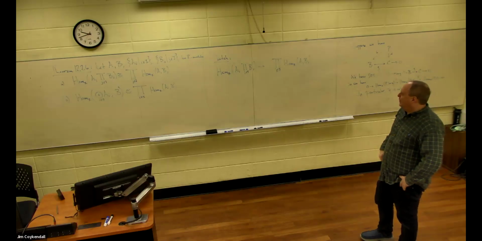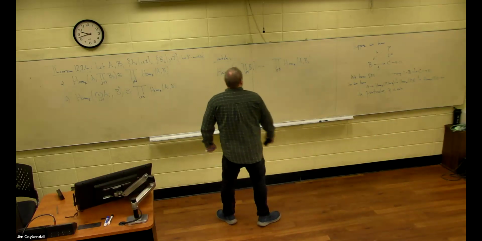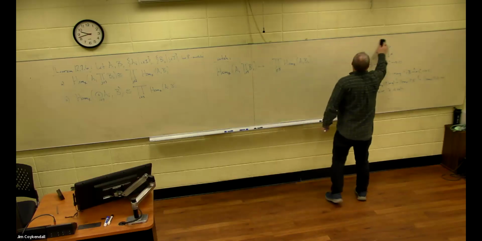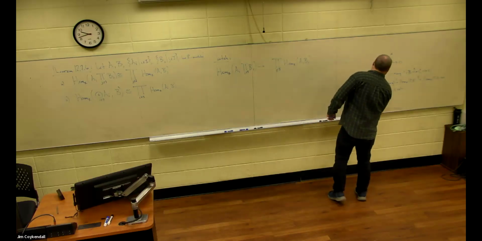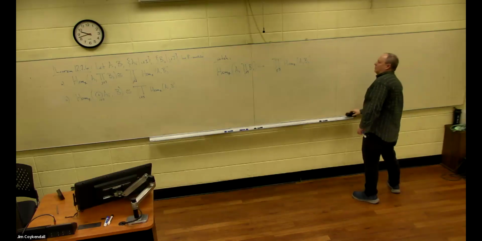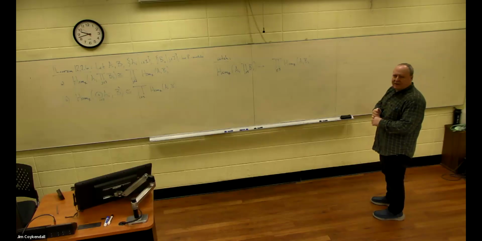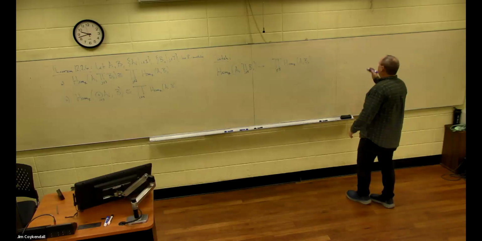Okay, so let me think about this before I do it. My input, and I want to talk through this a little because I think it illustrates that other aspect of the direct product.